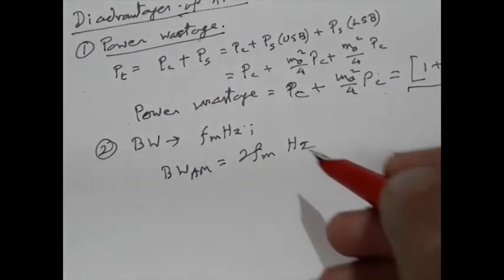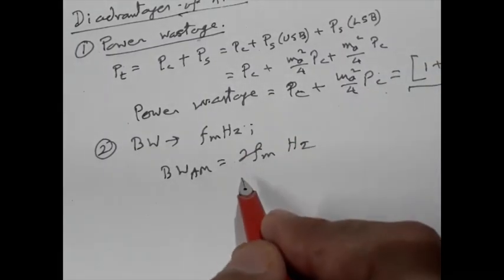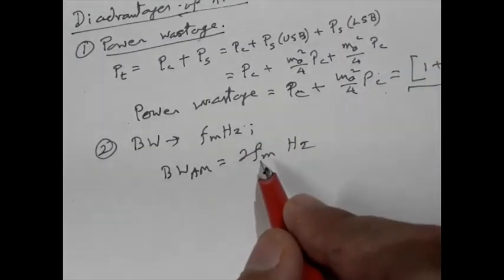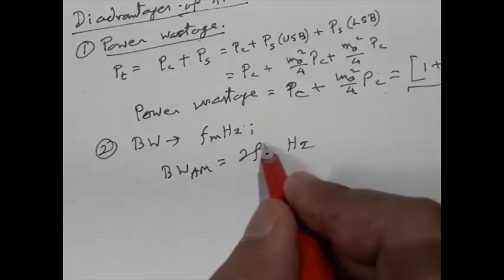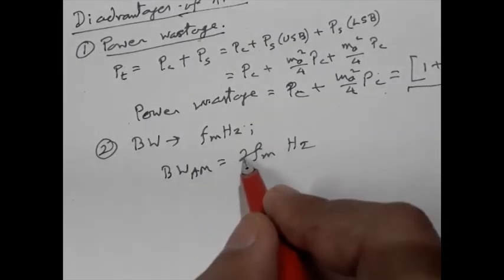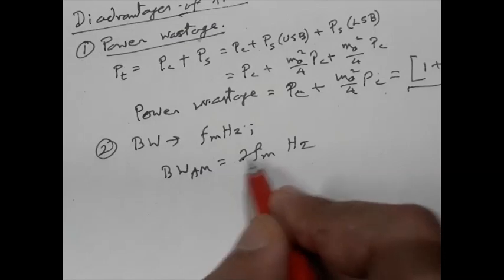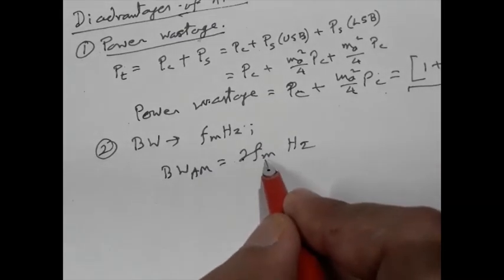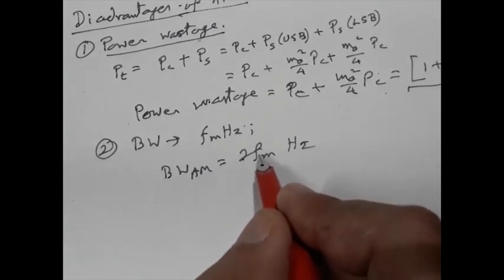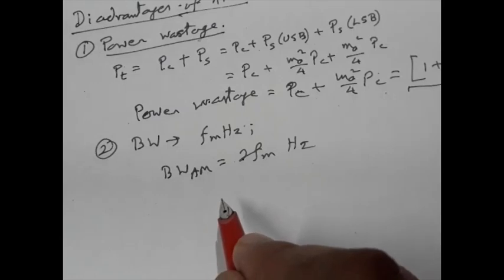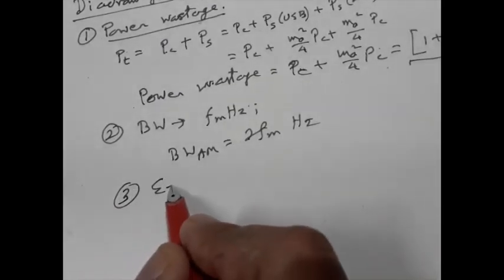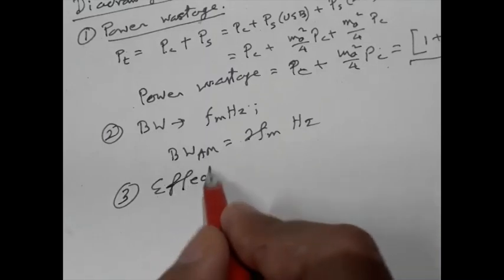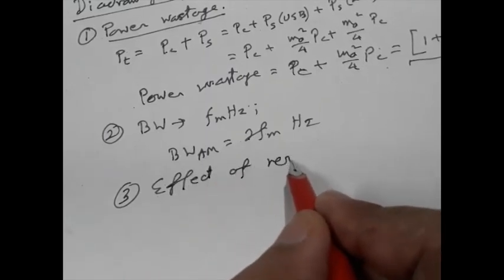Though we will see later on that compared to FM the bandwidth is smaller, but still compared to the baseband signal the bandwidth is doubled. So larger bandwidth is required to transmit AM compared to the baseband signal. And third point is the effect of noise.